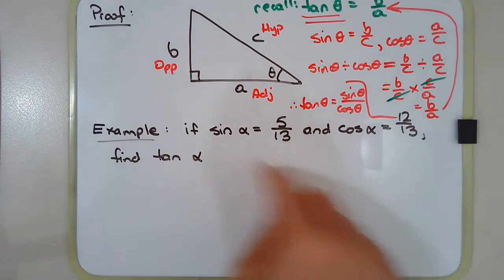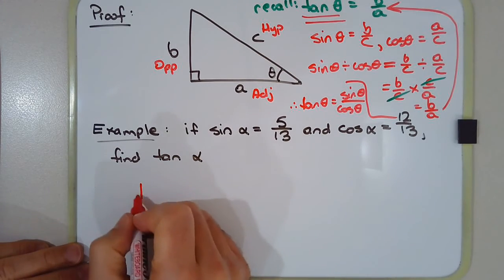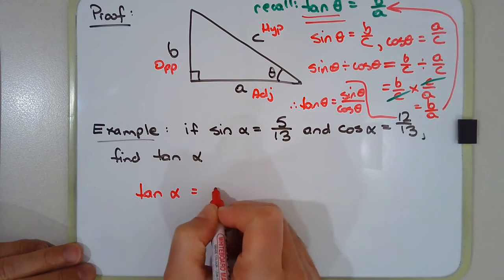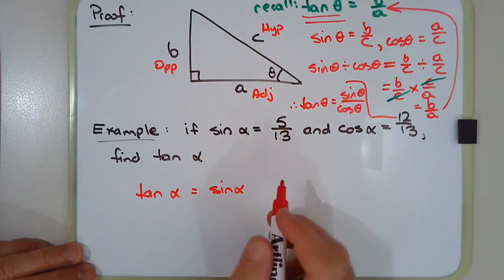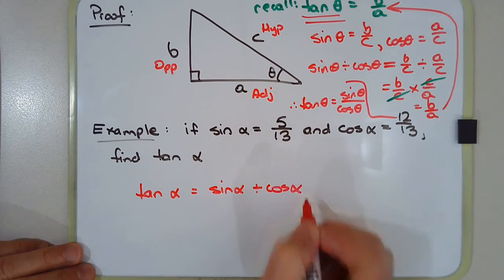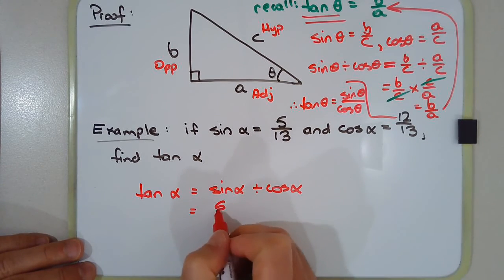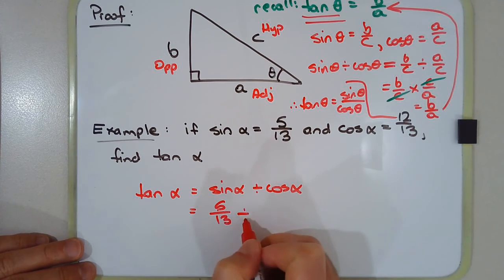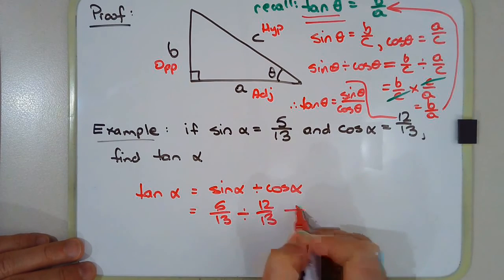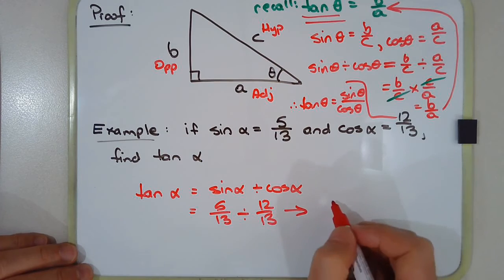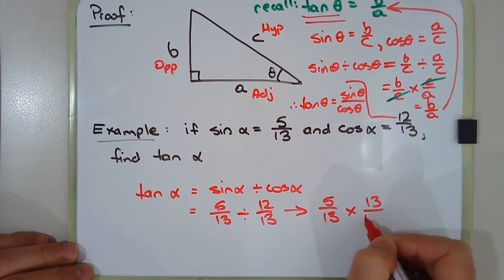Well, let's use the definition then of tan. Tan of alpha is equal to sine of alpha divided by cos of alpha. Sine of alpha is 5 on 13 divided by 12 on 13. We invert the second fraction, so we have 5 on 13 multiplied by 13 on 12.